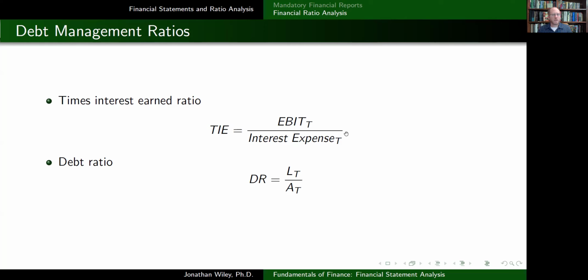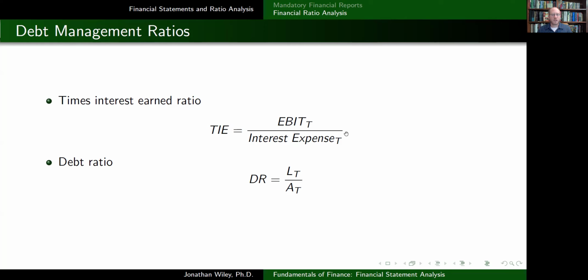So let's go over the debt ratio now. The debt ratio is looking at liabilities over assets. So if you think about the basic accounting equation, assets equals liabilities plus owner's equity. So basically what we're doing is taking the liabilities divided by assets. And what that's telling me is what proportion or percentage of my assets were financed by some form of liability.